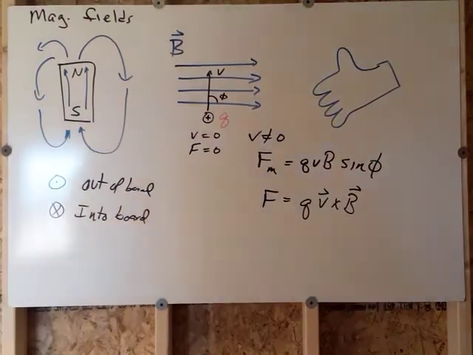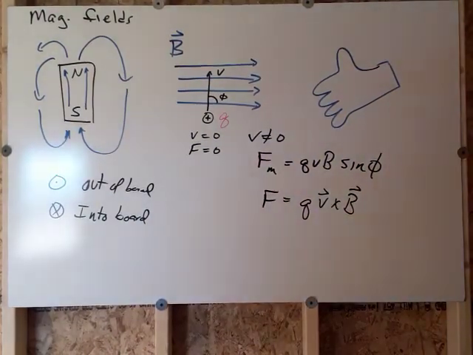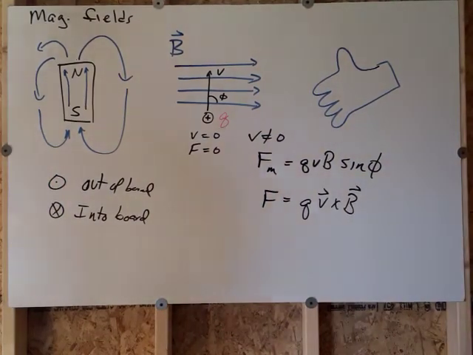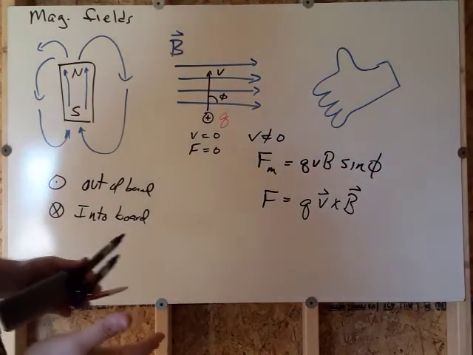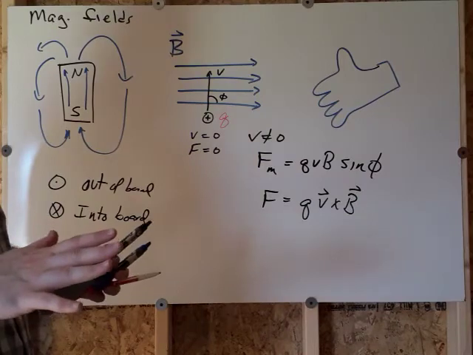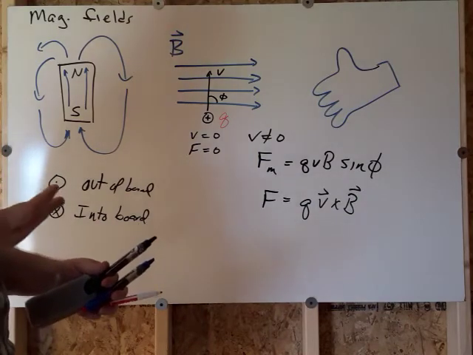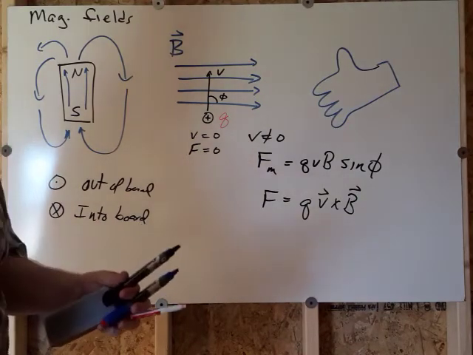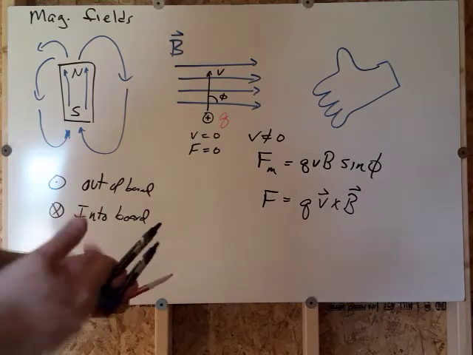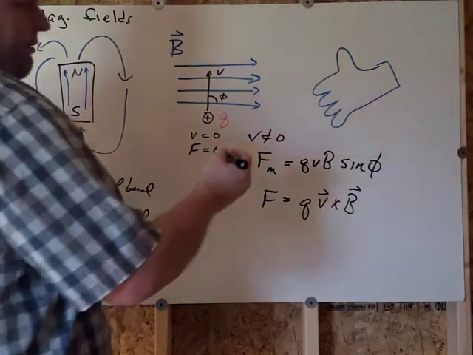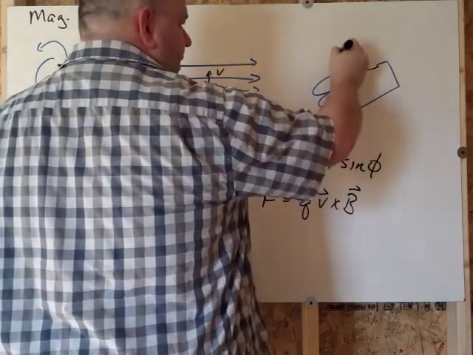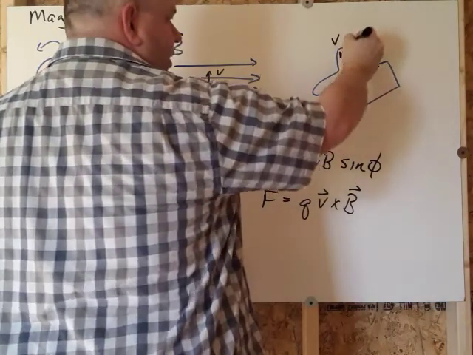I hope that came through good. So your book teaches you a particular way. Actually, I don't know if your book teaches this. The other book teaches this. You're going to have a velocity along the thumb.